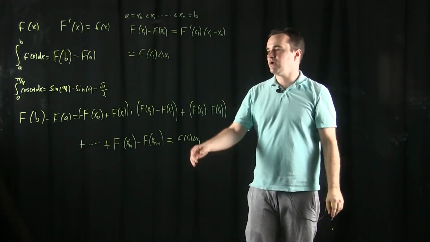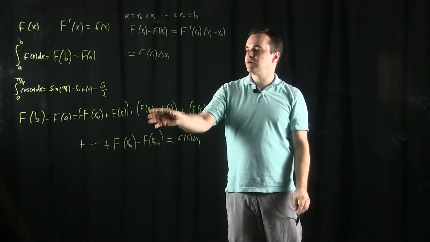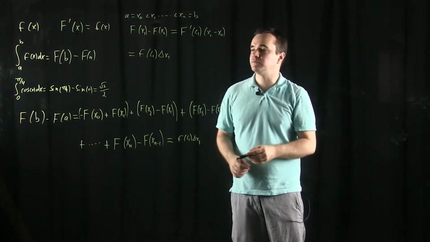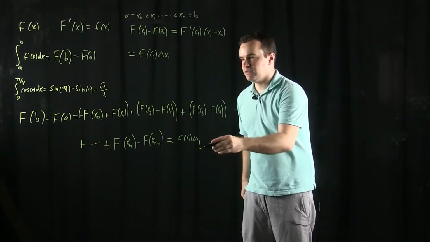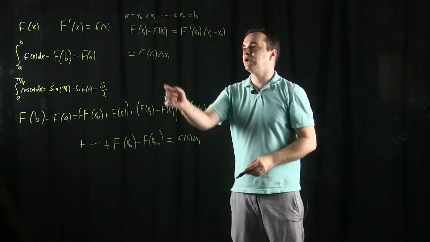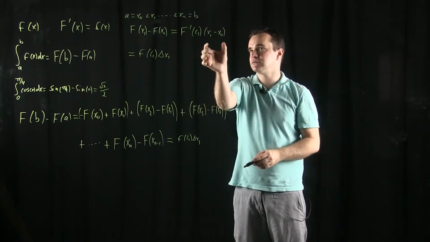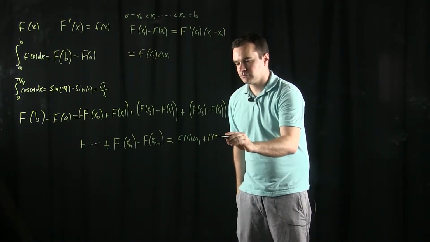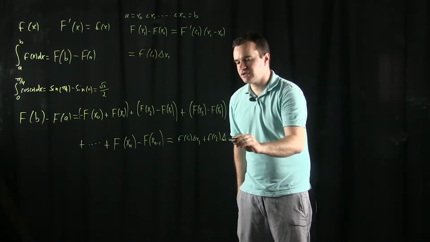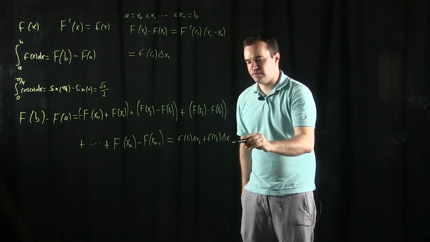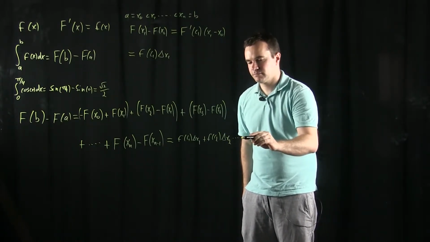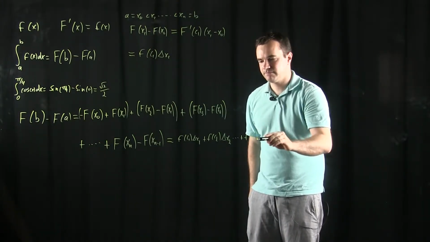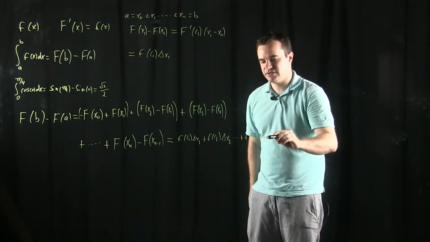When I apply the mean value theorem to this pair, there must exist some point between x1 and x2, let's call it C2, with the property that this difference is equal to f of C2 times delta x2. And I'm just going to proceed onward like that. At the very end, I'll end up with some f of Cn times delta xn.